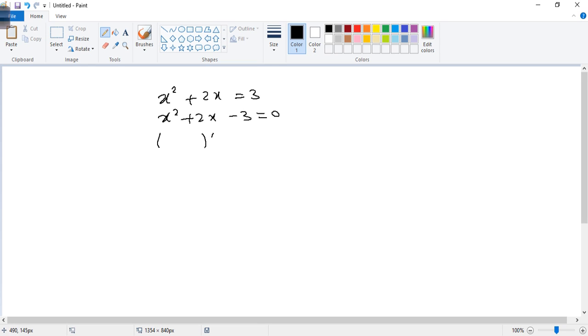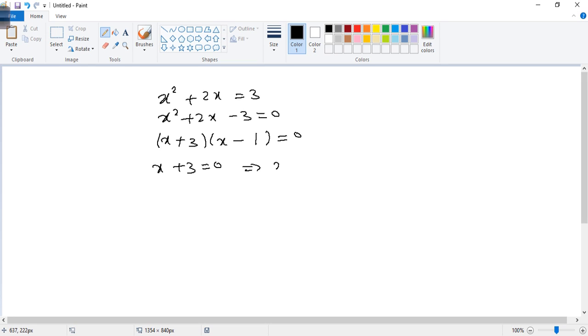We do the brackets here. X squared is x times x. 3 will be 3 times 1. We have minus times plus or plus times minus. Which way are we going to put the minus? We look at the term in the middle. The term in the middle is plus 2x. That means the big number will take the plus and the small number will take the minus. This all equals 0. So x plus 3 equals 0.